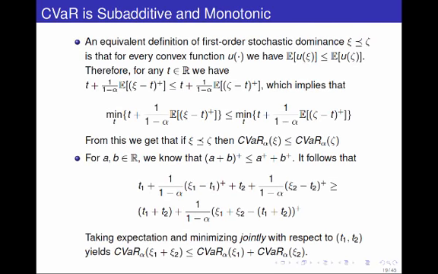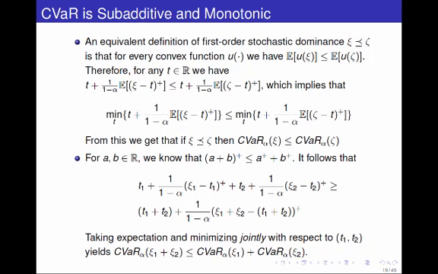So then to prove subadditivity and monotonicity, one equivalent definition of first order stochastic dominance is that for any convex function of the lotteries, the expectation of the convex function for the first lottery that's dominated by the other is less than or equal to the expectation of the convex function of the other lottery.